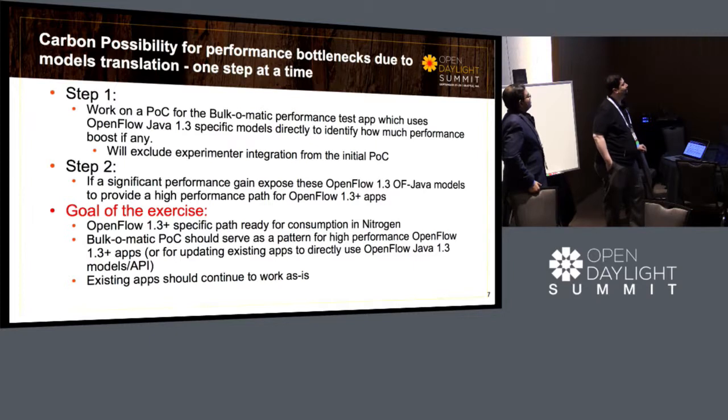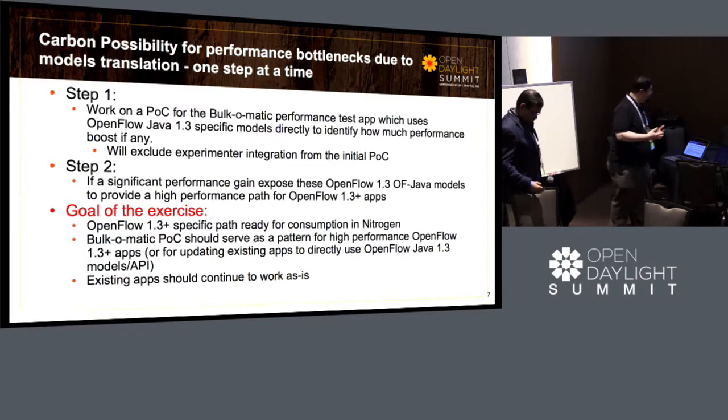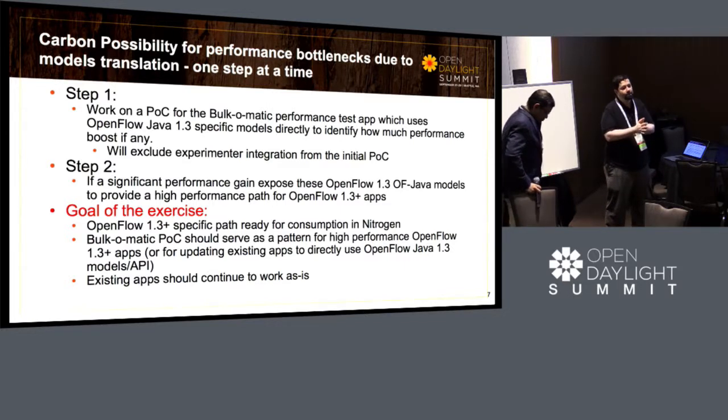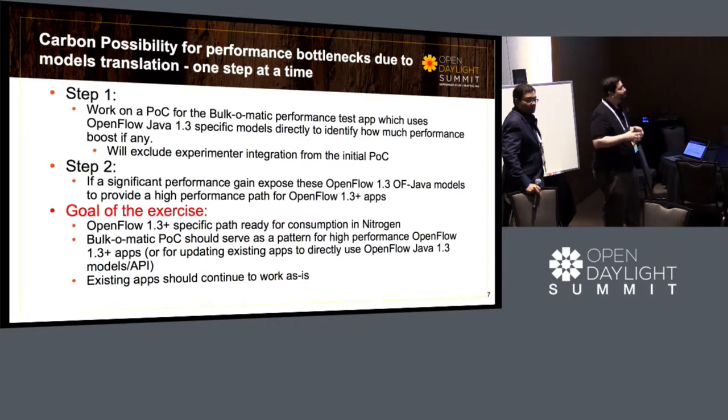So with that in mind, we thought we'll take it one step at a time instead of going all over the thing. And step one, we thought we could work on a POC, which is this bulkomatic performance application that has been pushed into the OpenFlow plugin code repository.